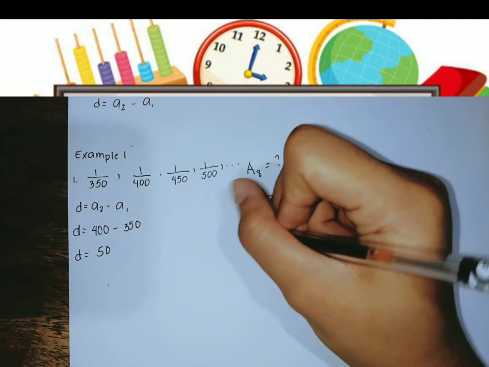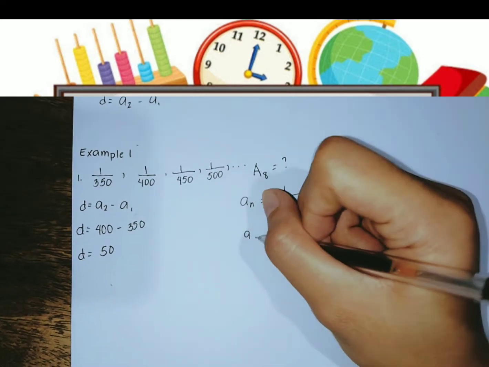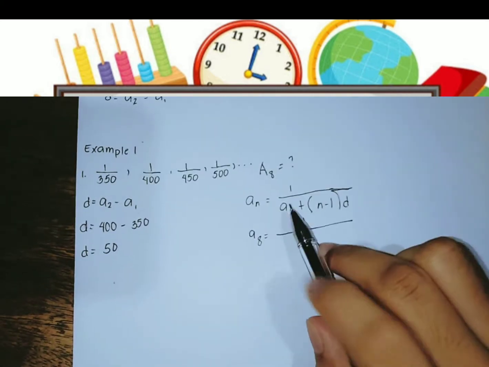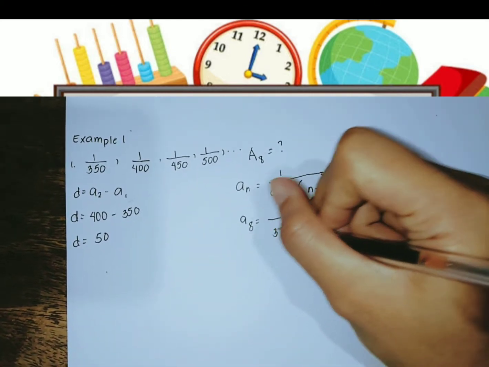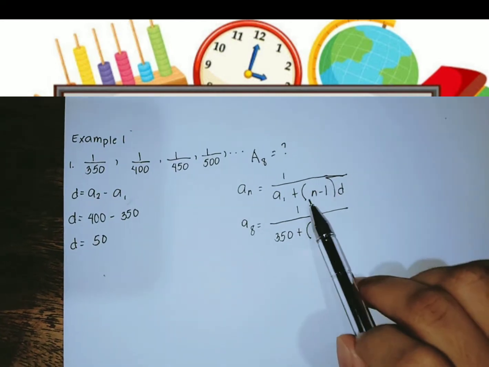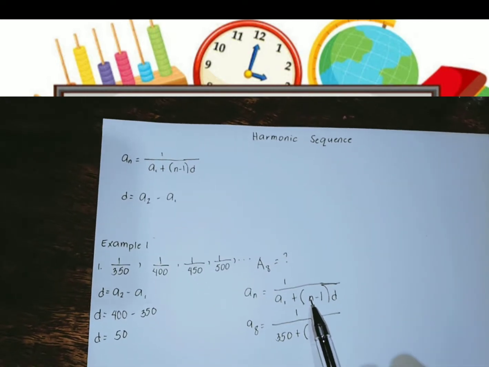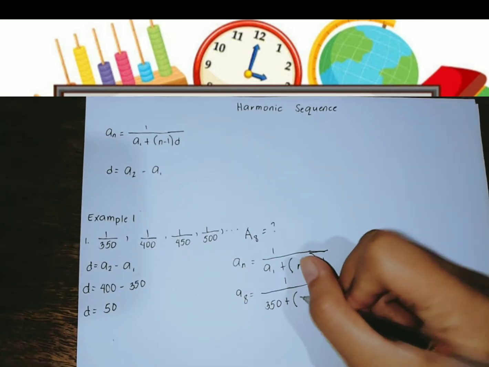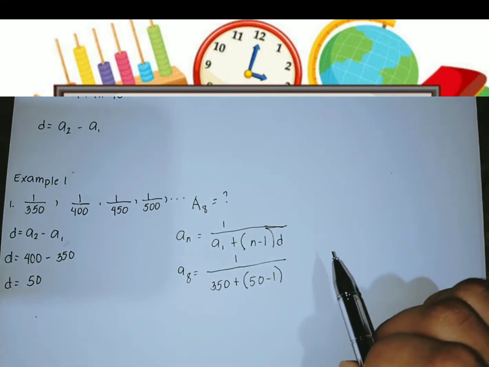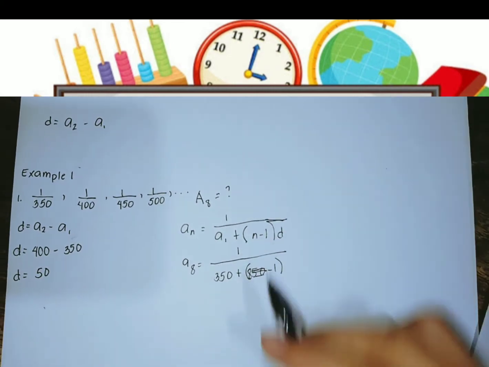Our n, we simplify it into 8. So 1 divided by our a sub 1, which is 350, plus our n, 8, minus 1. Sorry for my mistake.